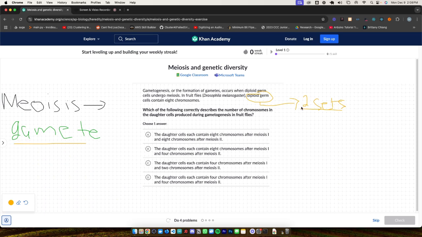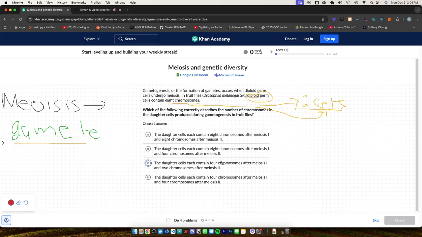So in the case of the fruit flies, that means that 8 chromosomes is their diploid chromosome number. That means that 8 chromosomes is the total of two sets of chromosomes, each coming from their parents, right?